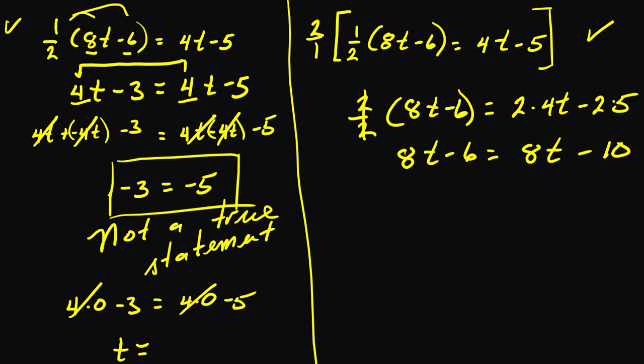And then we would just take it just like we did over here by adding a negative 8t to both sides. And once we did that, we would get negative 6 equals negative 10. That's not a true statement.